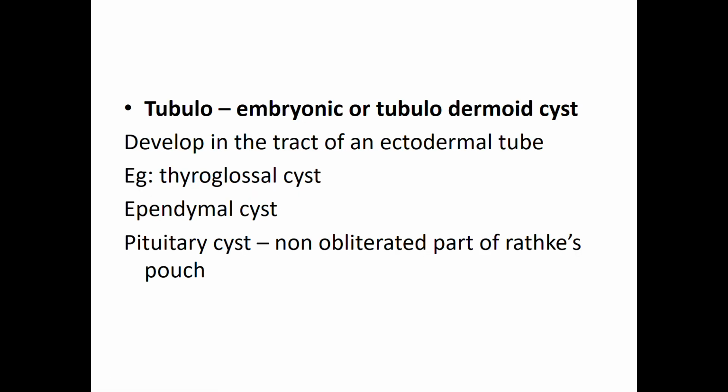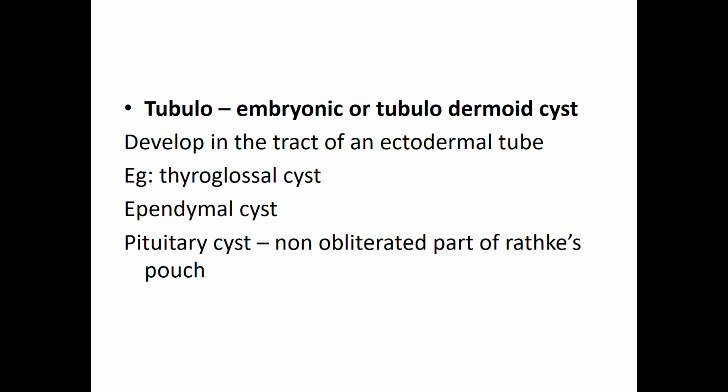Moving to the next type, you have the tubuloembryonic or tubulodermoid cyst. These cysts develop in the tract of an ectodermal tube. Now let us understand what is an ectodermal tube, taking the example of thyroglossal cyst. You know that the thyroid gland actually forms at the posterior end of the tongue, in the oral cavity.